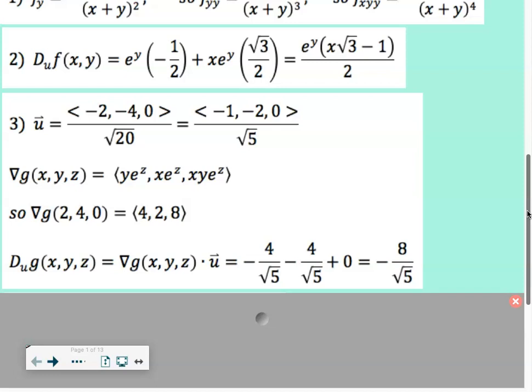Good. Yours is on the far one. Where's your answer, the one that's circled? The 4 over 5 comes in.